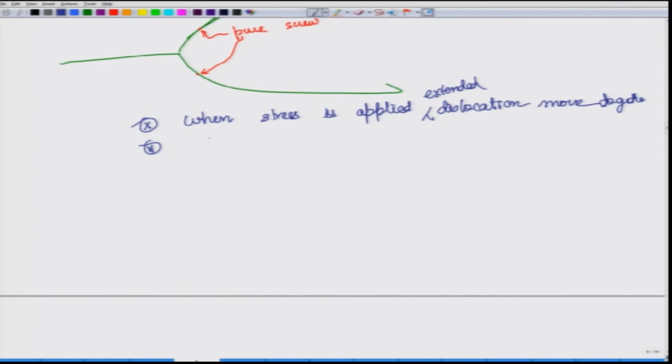There are two dislocations over here: one of them is the leading partial, the other is the trailing partial. The leading partial creates the stacking fault and the trailing partial removes it.